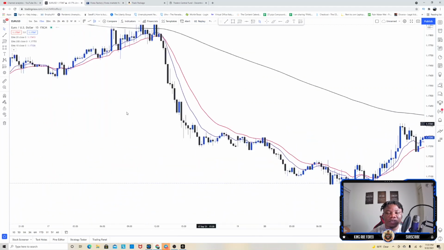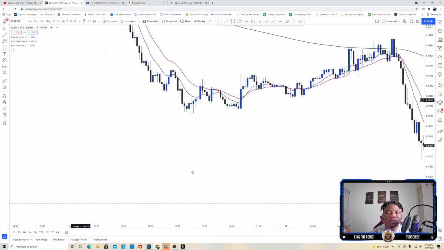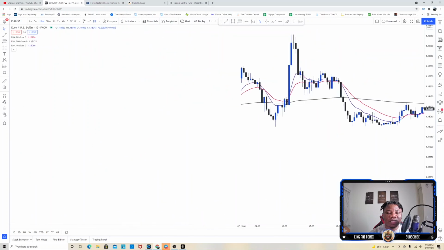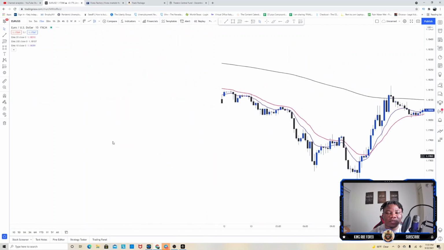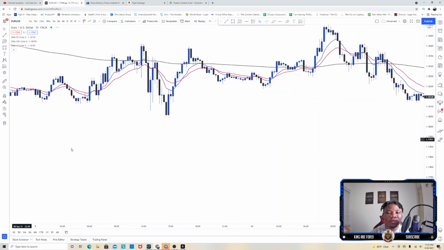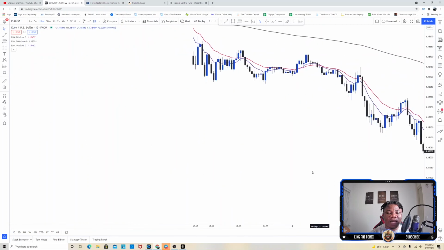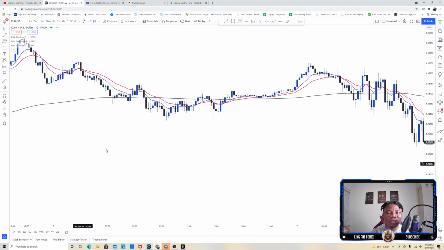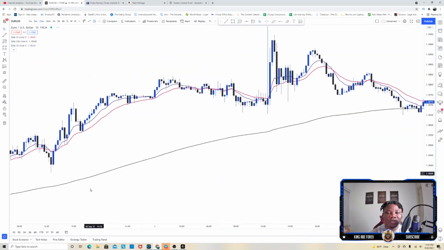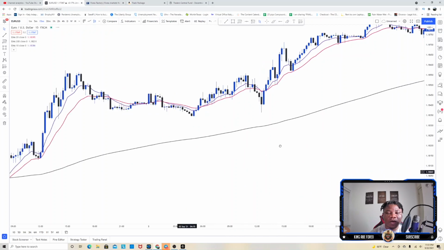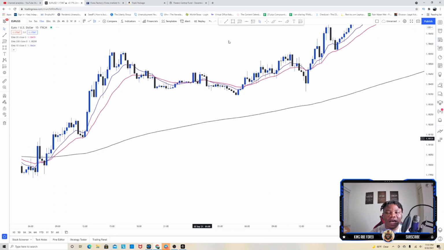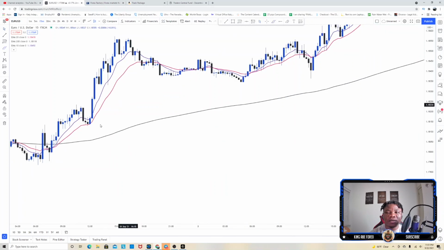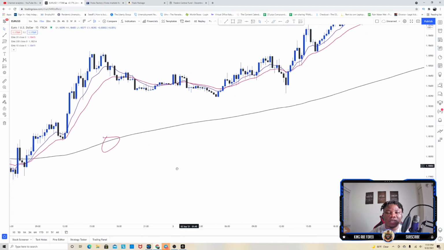And let me show you guys one more thing real quick. Let's go back to the buy position. This applies for a sell position as well. Because we have price above the 200 EMA, we know we're only looking to take buy positions.